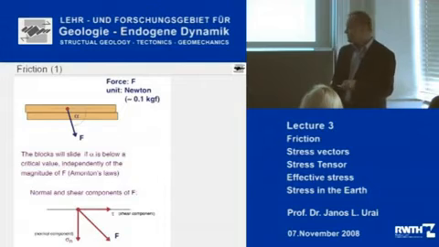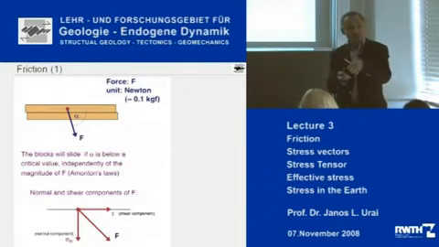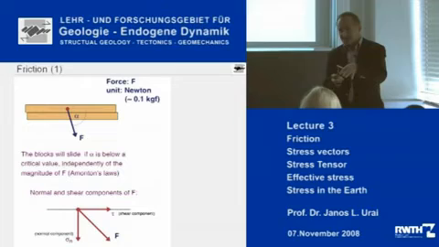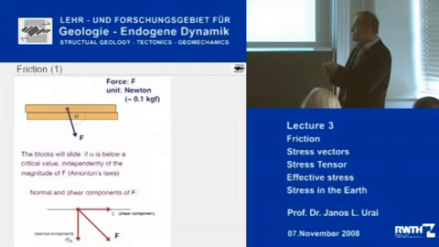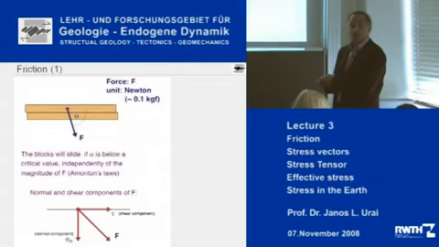Now, to define whether the two blocks are going to slide or not, all you have to do is make this diagram where this is the shear stress on the plane and this is the normal stress. In an alternative notation from the P's that I used for the derivation, people also use the tau and sigma n notation.